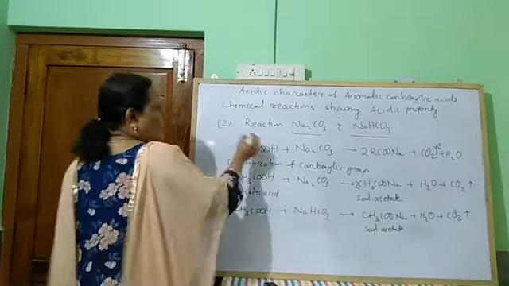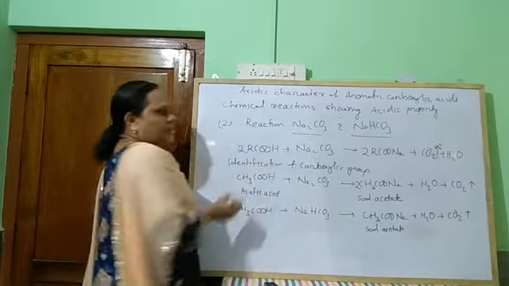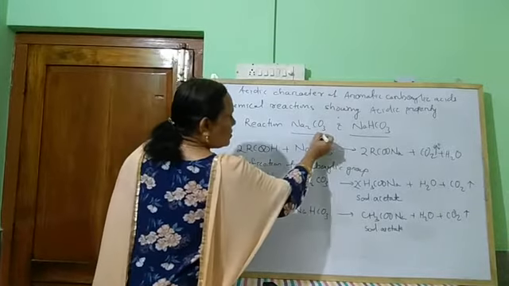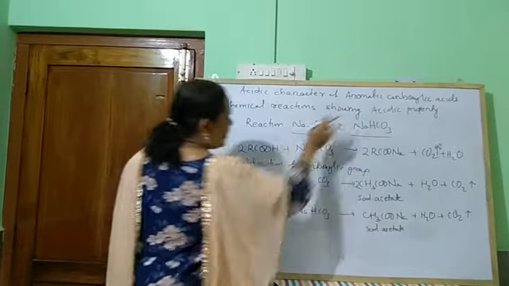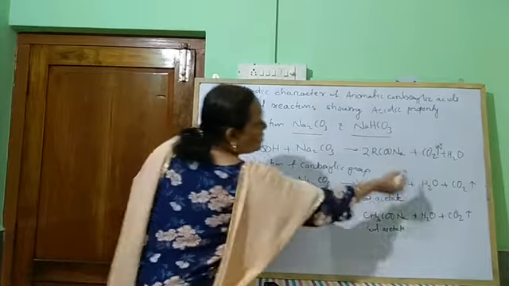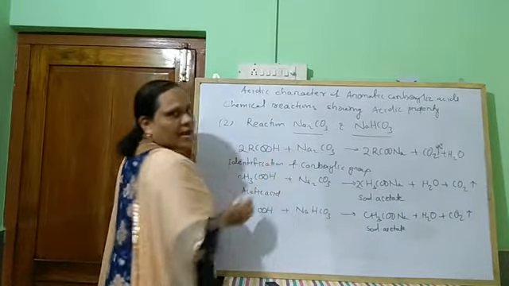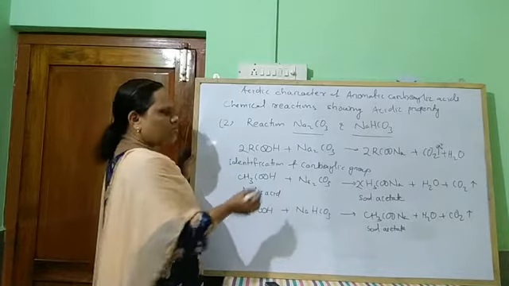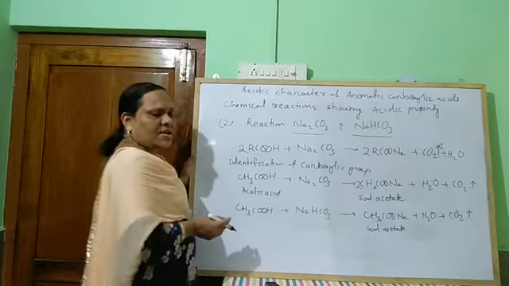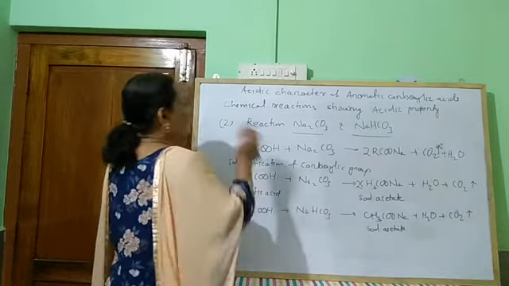So when carboxylic acid is treated with sodium carbonate or sodium bicarbonate, it gives carbon dioxide gas. This is used for the detection of carboxyl group. Generally, other functional groups do not exhibit this type of test.